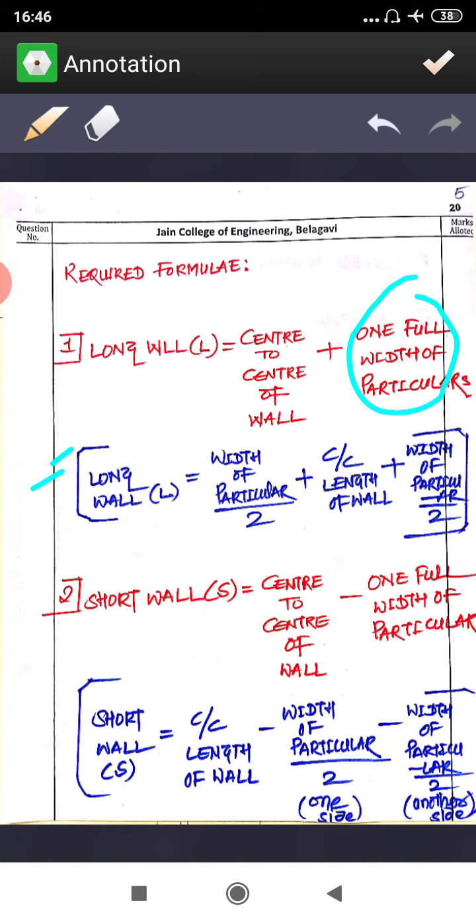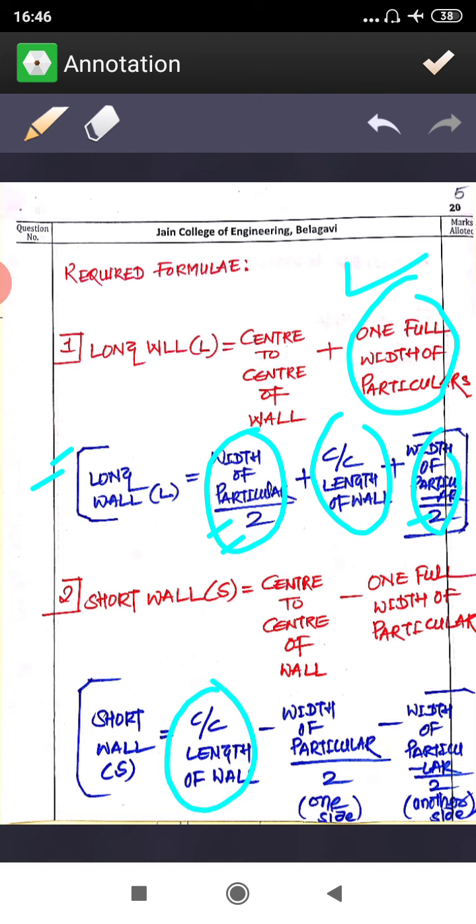See this, center to center of a long wall length, plus half of particular from this side, half of particular from this side. If these particulars' widths are the same, then you can take it as 1 full width of particular. Similarly for the short wall, center to center of a short wall minus half of the width of particular from one side and half of the width of particular from the other side.